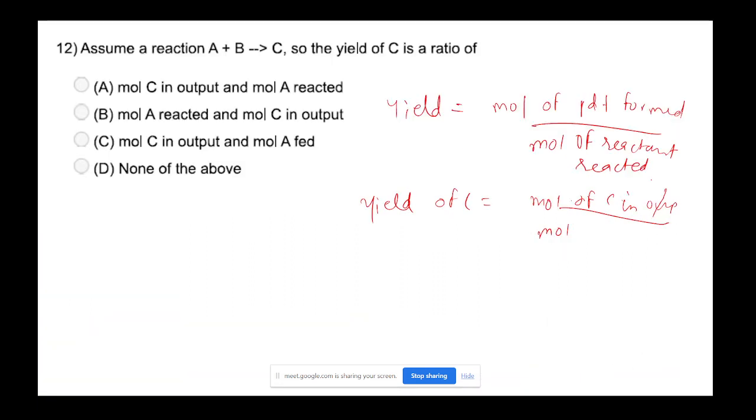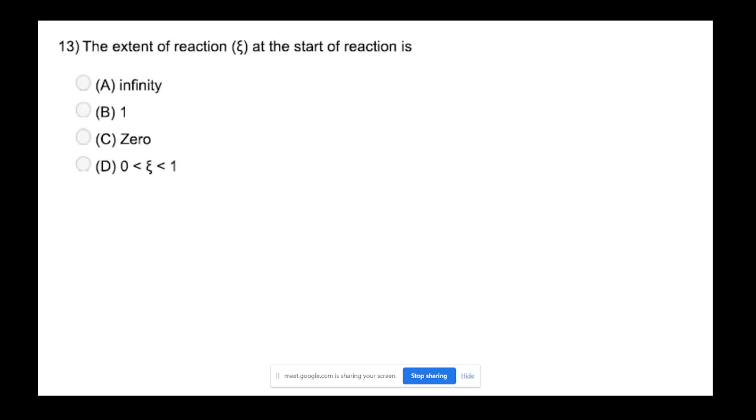Sorry to disturb you. Which is nothing but moles of A reacted. So the correct option here is moles of C in the output and moles of A reacted. Option A.